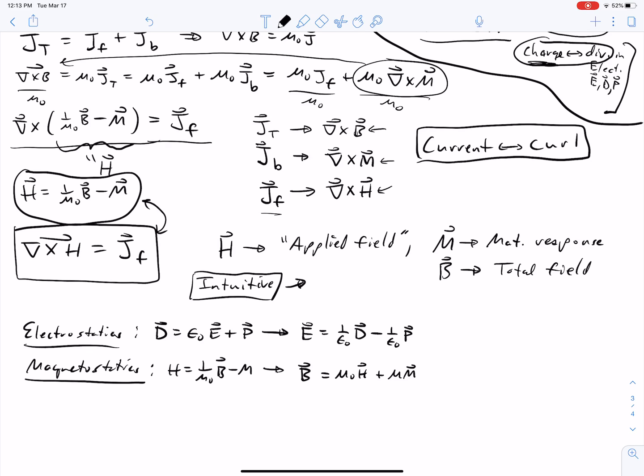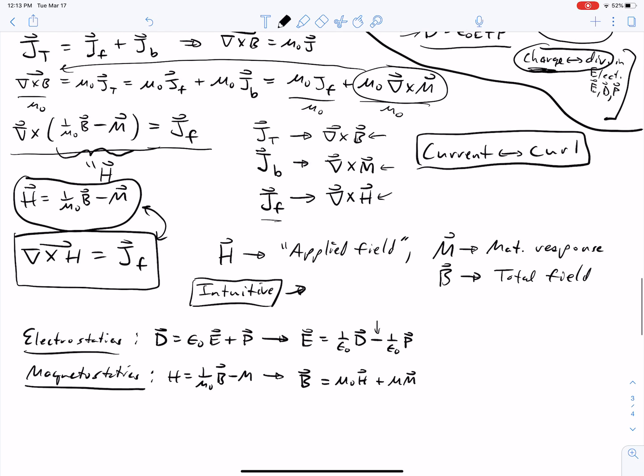Because here for the E field I see a negative sign, whereas for the B field I have a positive sign. The reason is that if I have a material and I put an electric field on it, the polarization goes in the direction of the E field.